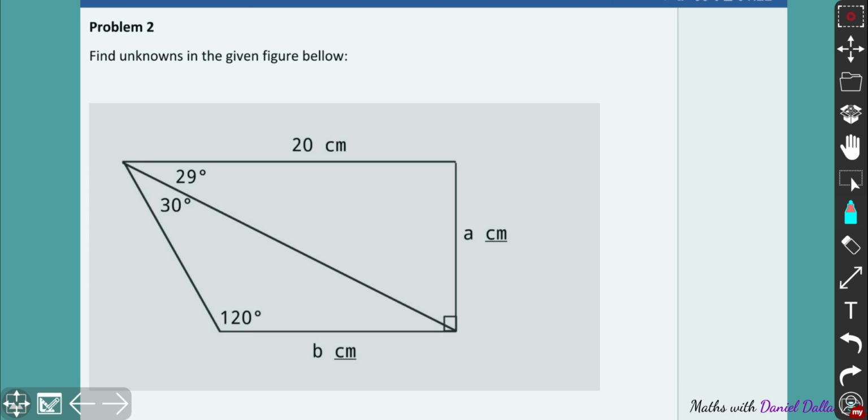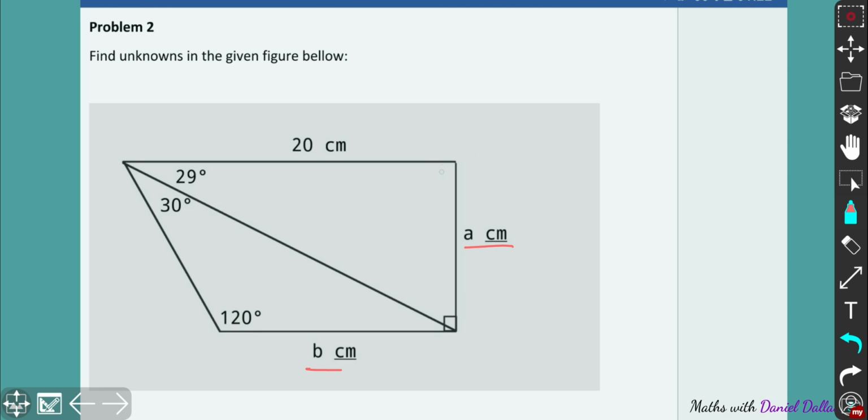All right, so we have a new shape. Let's have a look. We have unknown sides A and B that we're supposed to find. However, let's look at the shape. The complete shape looks like a trapezium, so that's definitely a quadrilateral.